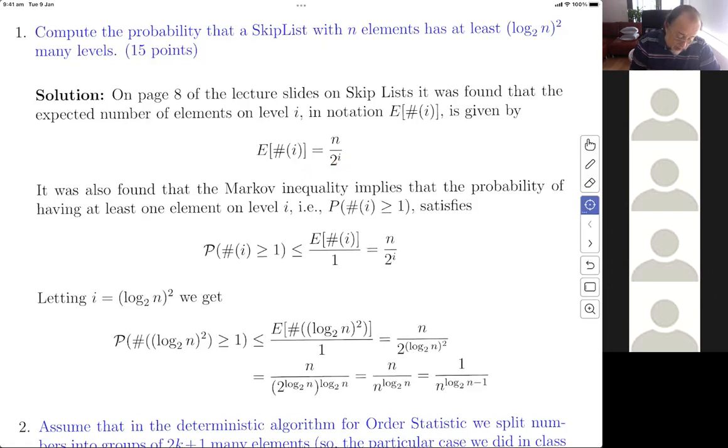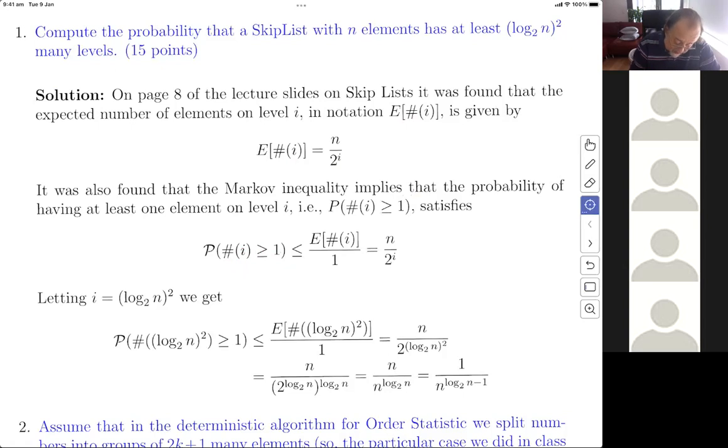So we can now apply the Markov inequality to the probability that the number of elements on level i is bigger or equal than 1. What does this mean? That's precisely to say that level i is non-empty because it has at least one element.